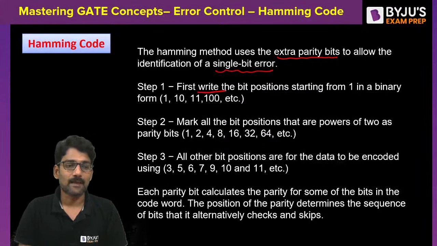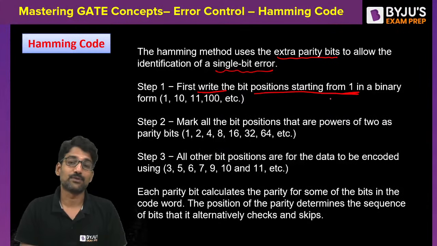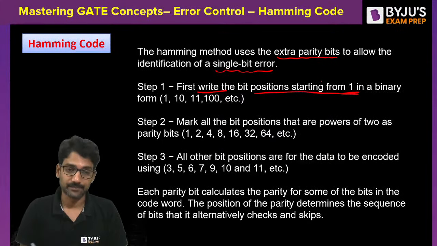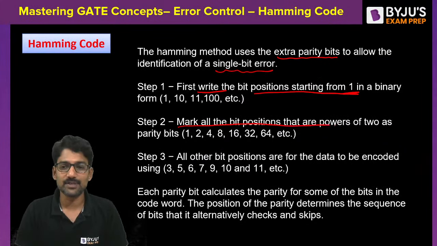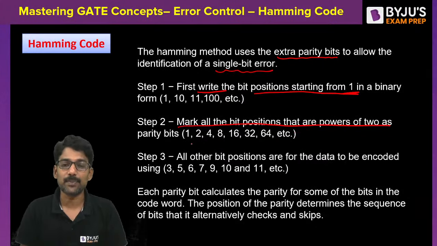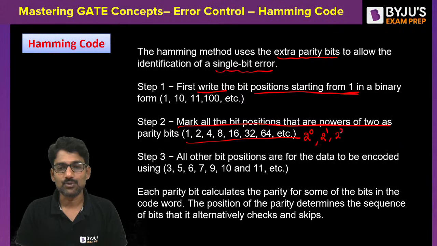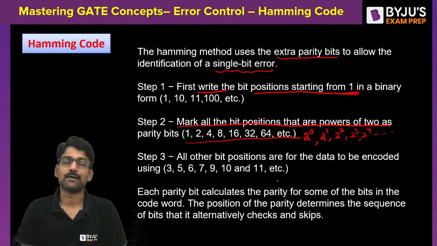First, write positions starting from 1, not from 0. Then mark all bit positions which are powers of 2 as parity bits. So where do you append parity bits? In the positions 2 power 0, 2 power 1, 2 square, 2 cube, 2 power 4, etc.